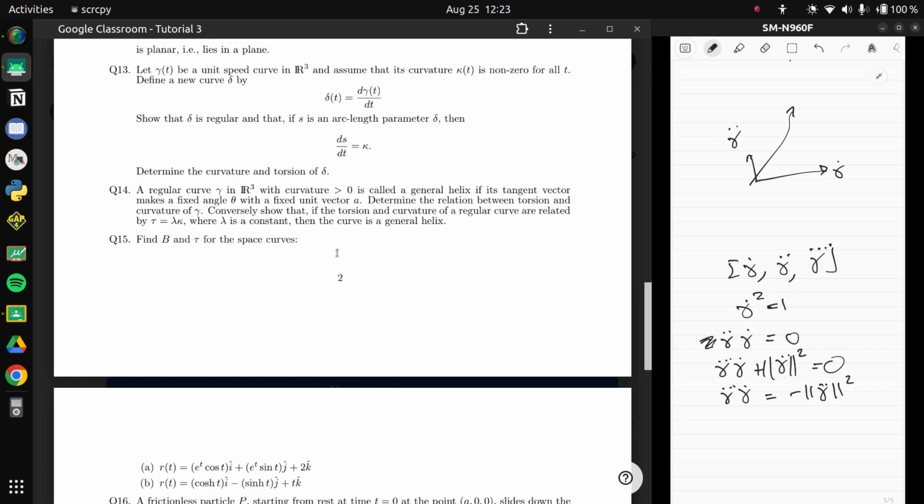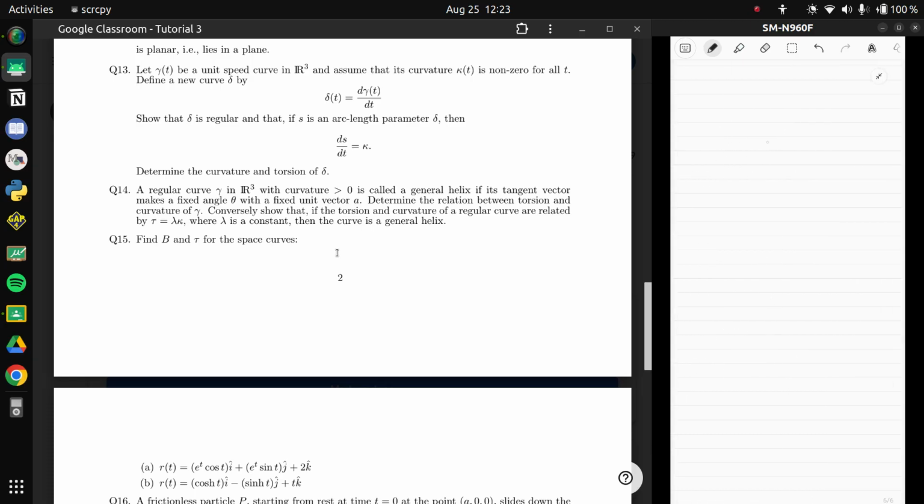Okay, what else do you know? You know that A is perpendicular to both of these guys, making angle theta. If I use A as this thing, it's perpendicular to both gamma double dot and gamma triple dot. At the same time there is gamma dot, and gamma dot may not even be like that. It's just something perpendicular to both of these.